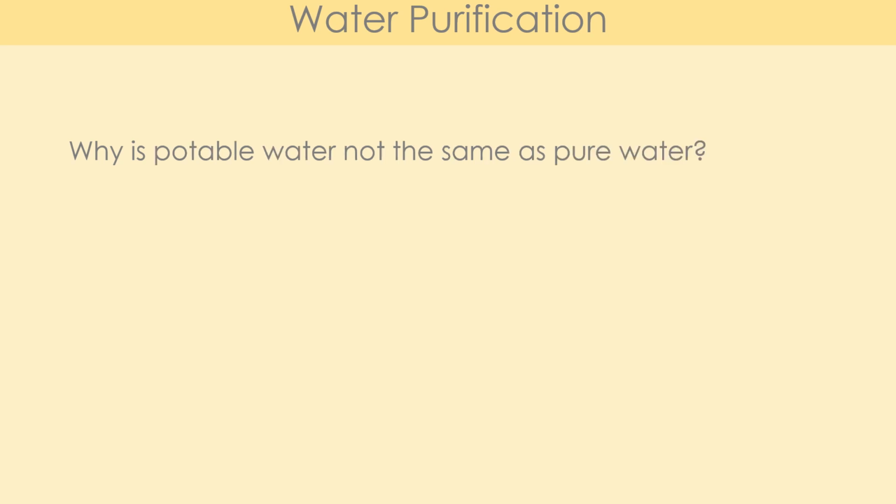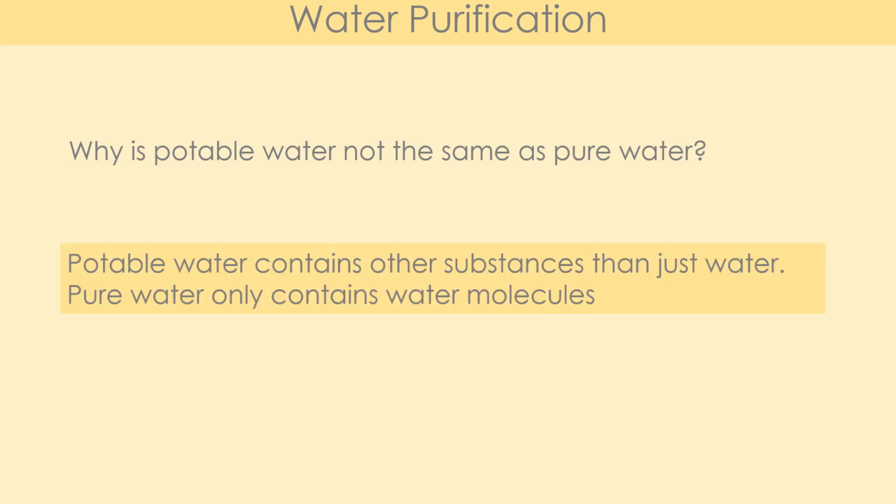Our next question, why is potable water not the same as pure water? Please pause the video. You should now only be watching if you have written down your answer. So potable water contains other substances than just water. Pure water only contains water molecules. Well done if you got that correct.